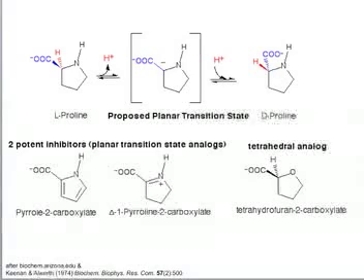In fact, when you probe their inhibition, you see that these are very potent inhibitors of proline racemase. Whereas if we construct a similar molecule that's a tetrahedral analog, again reminding us that we're referring to this carbon here, this is also an inhibitor, but it's very, very poor, not a good binder. So we would say that in the case of proline racemase, it looks as though the transition state is indeed planar, as evidenced by the effectiveness of these inhibitors.